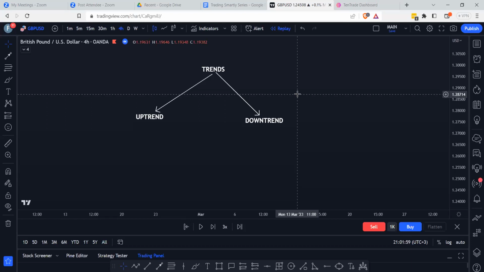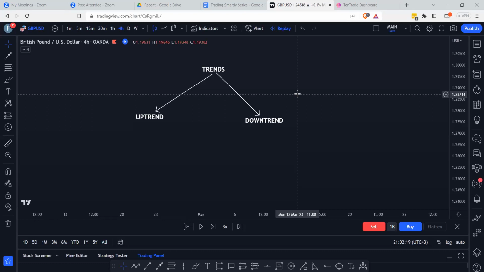If the momentum that is in the market is strength, then you also want to go with the market. You also want to be bullish. If the momentum is bullish, if price is going up, you also want to be on the side of the market. So you also want to go bullish.